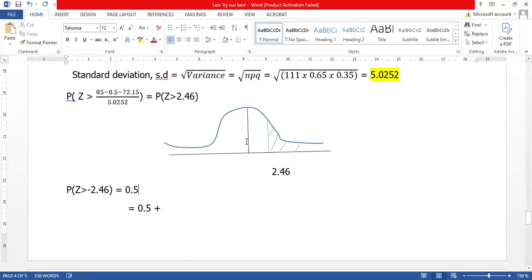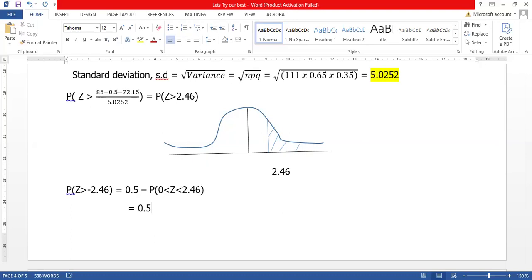So you get 0.5 minus the unshaded region, from here to this. Remember, you read the value from the table from here to here. So it will be minus the probability of 0 less than z less than 2.46.